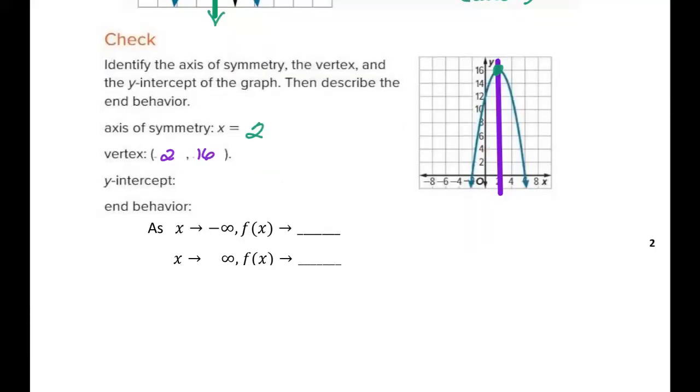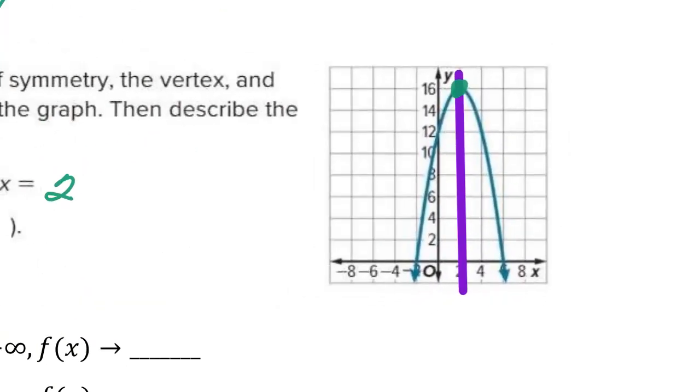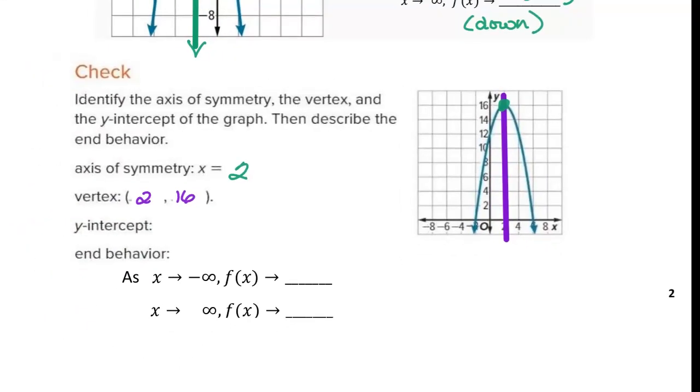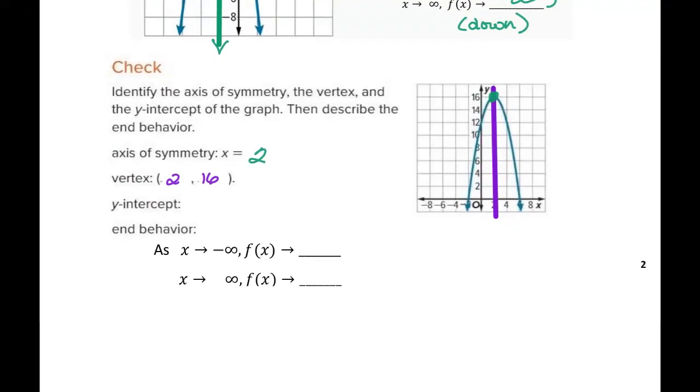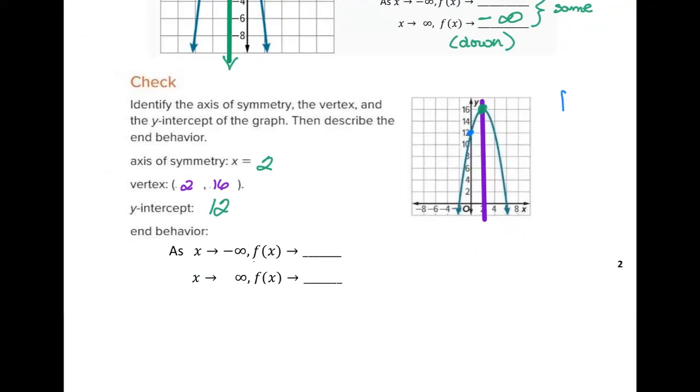All right, y-intercept. These can be kind of tricky. You can look at it and you're like, I'm not sure. What is my y-intercept here? Sandra, what do you think? 12. Yes, very good. So right here, you find the y-axis and you follow that down to 12.